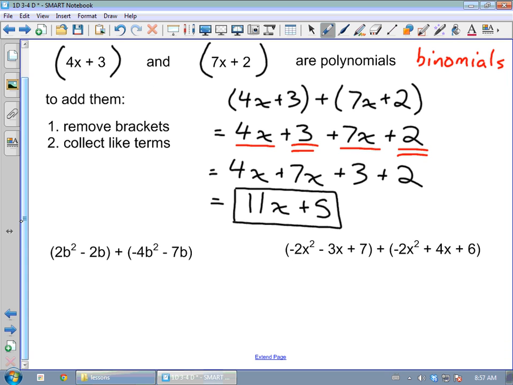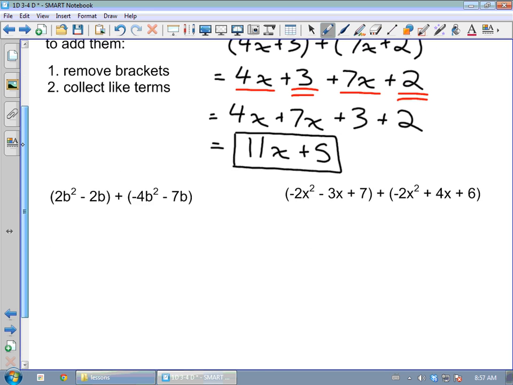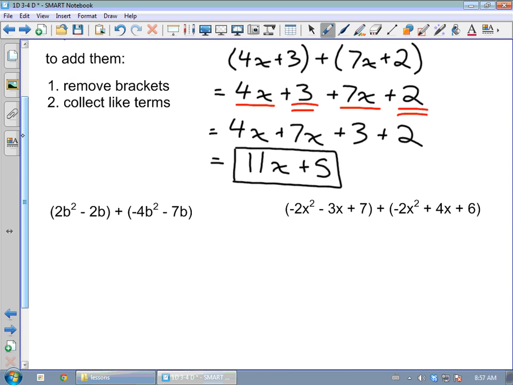So I've got two examples here on your page that we can try following these same rules. So our next one here, 2b squared minus 2b plus negative 4b squared minus 7b. I checked that what I am doing is I am doing addition. Okay? We're going to talk about what you do if you're doing subtraction between these polynomials in a few minutes, but if I'm doing addition, all I want to do is just get rid of these brackets.